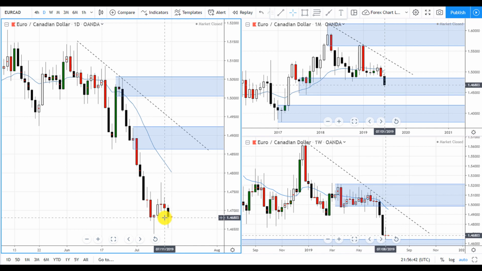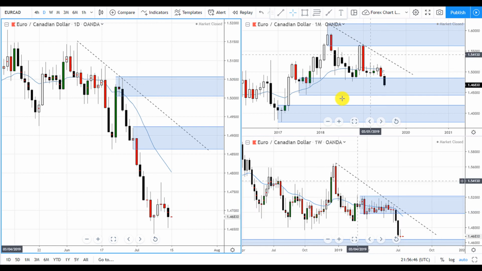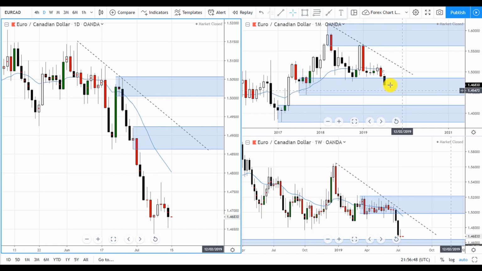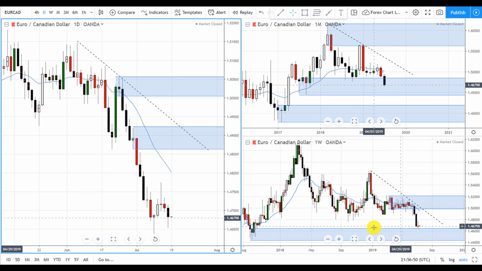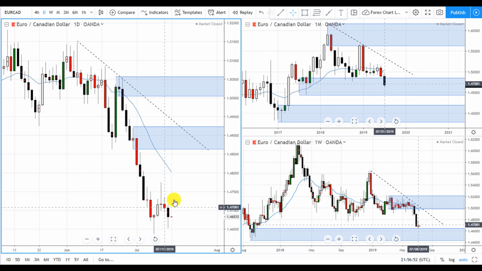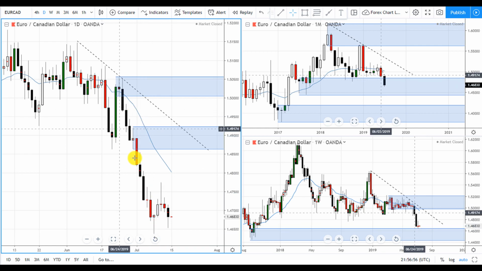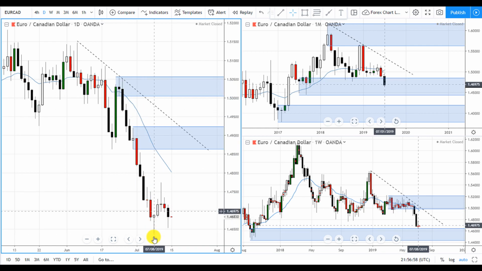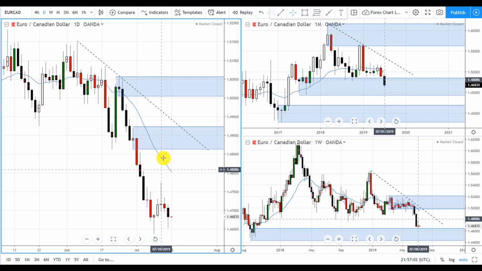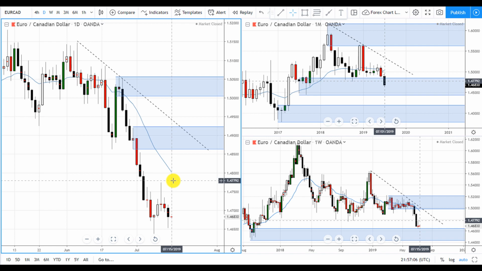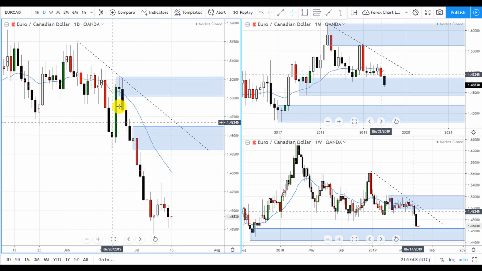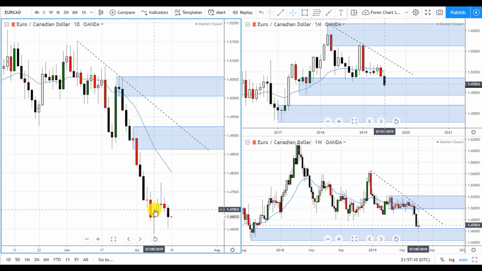We do not want to short because when it's overextended like this, with, like I said, the monthly demand zone in control and weekly demand zone in control, we don't want to continue to short, because price action is telling us that it's been dropping so much already. Some people call it reverting to the mean, or in our trading style we call it overextension.